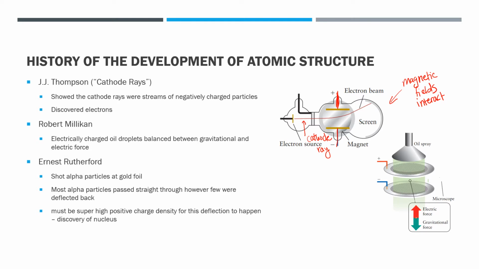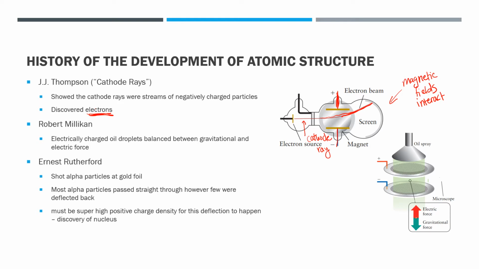As you can see in the diagram, the electron beam is curving in this direction. The direction of the curvature depends on the sign of the charge. So based on this, he was able to tell that this cathode ray was made up of negatively charged particles, and thus he discovered the electrons.